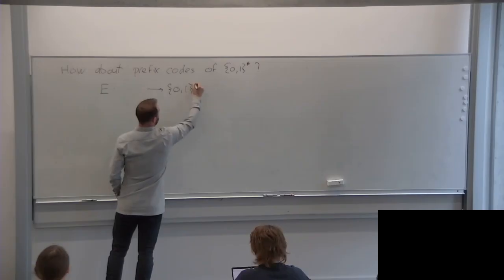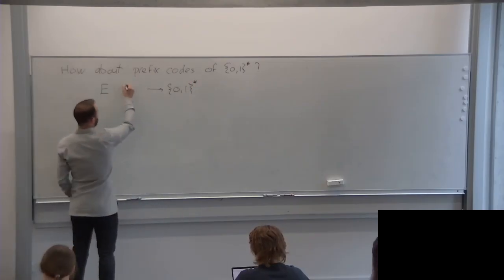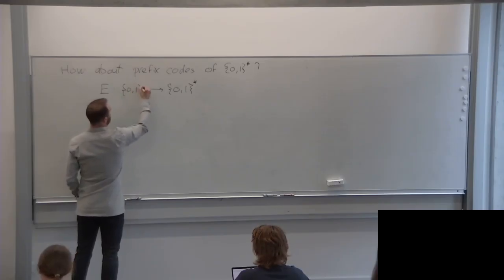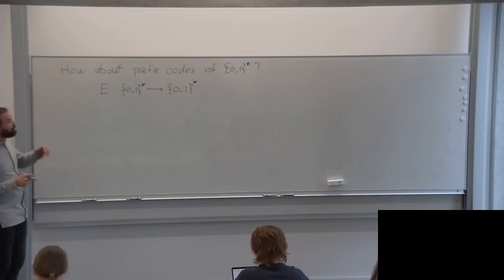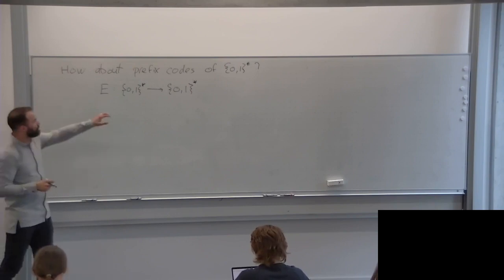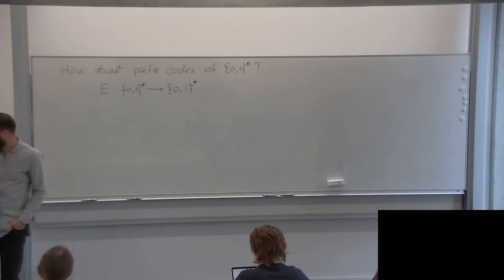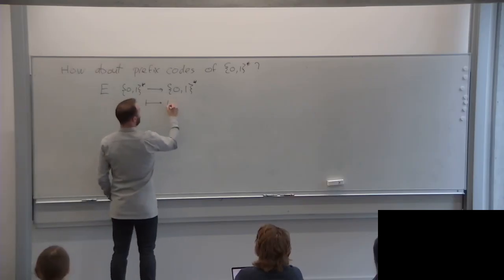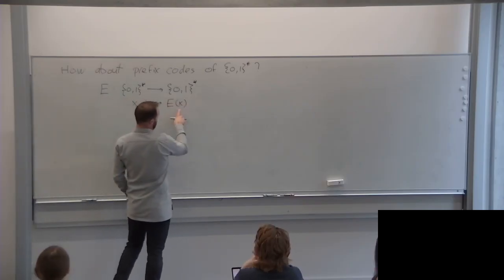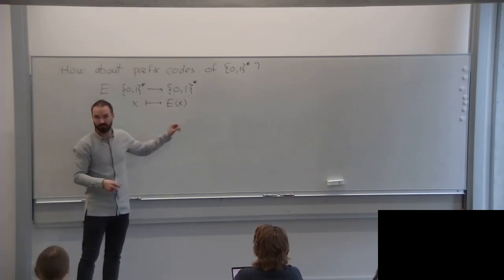So we want to encode some alphabet into bit strings. Now, if our alphabet is the set of all strings, can we find a prefix code of {0,1}*? I can just tell you the solution, but I'd be curious to hear you first. So just to make sure we're clear, X is a string, E of X is another string, but the set of all E of X's forms a prefix-free set.